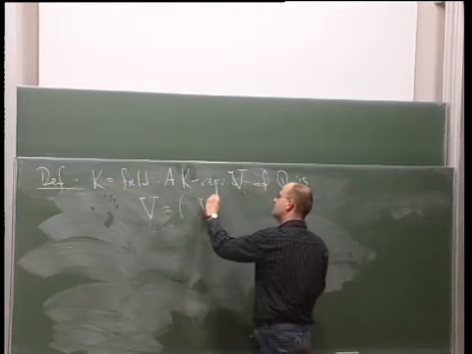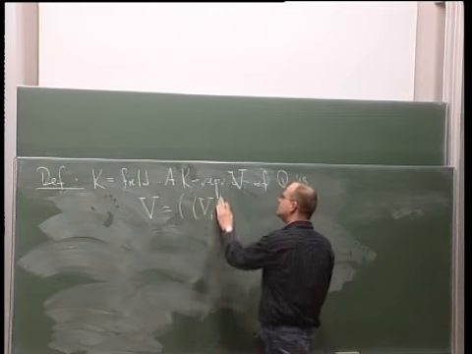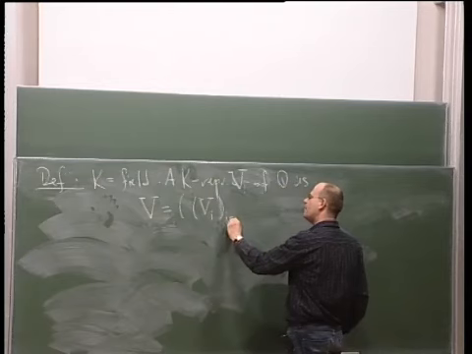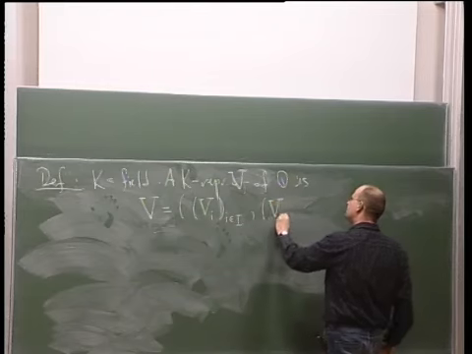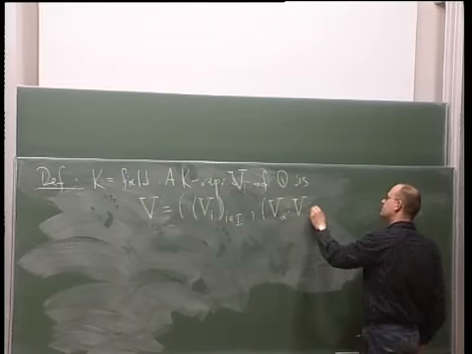It consists of vector spaces, one vector space for each vertex, and linear maps, one linear map for each arrow.